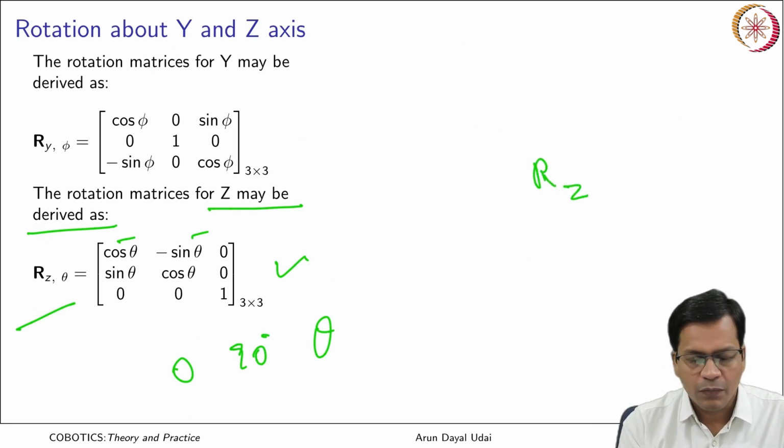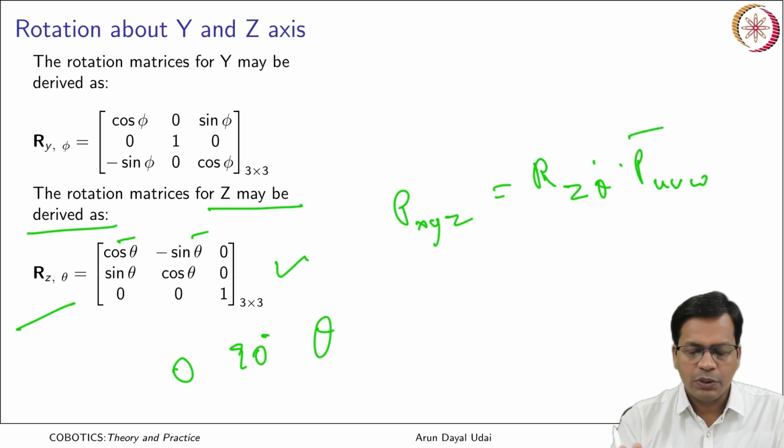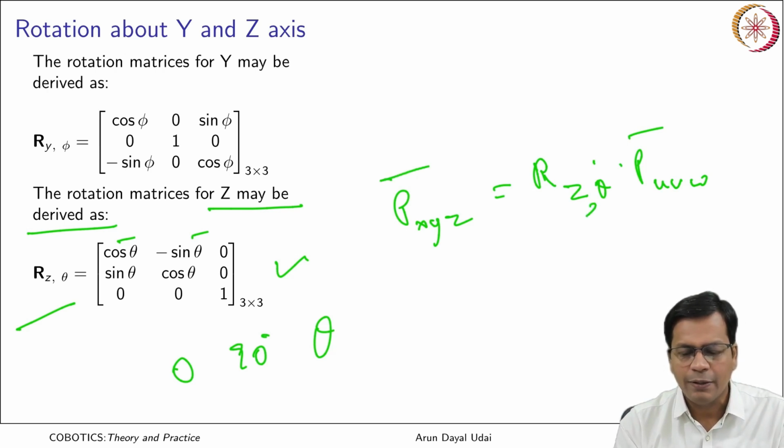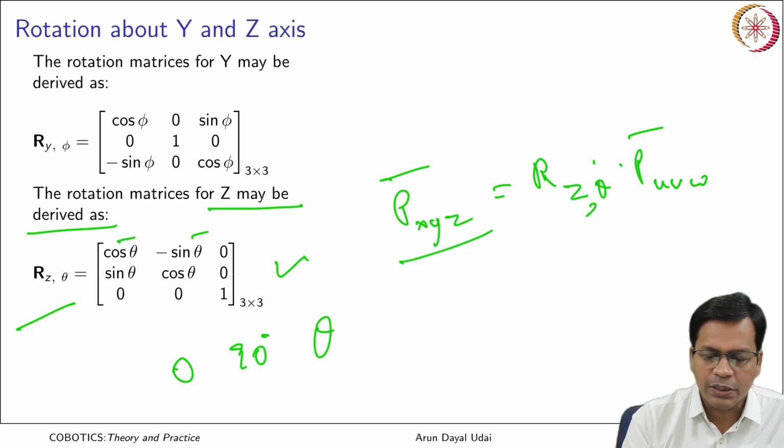Rz theta when applied to PUVW gives me a point PXYZ. So this was my initial position of the point. That point is now rotated about z axis by an angle theta and gives me the new point. So this is what it means.